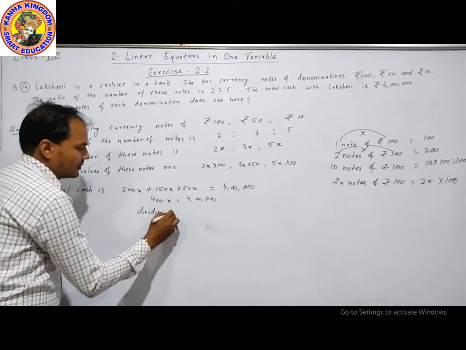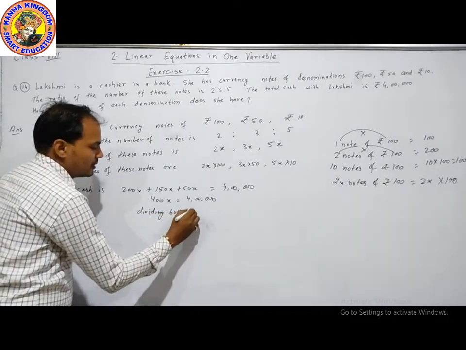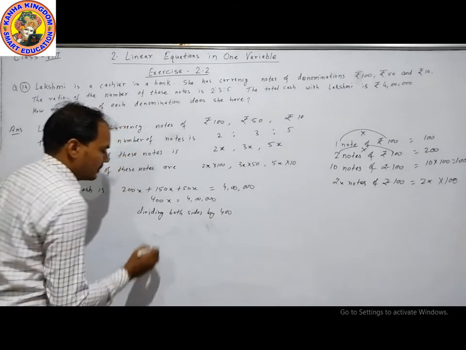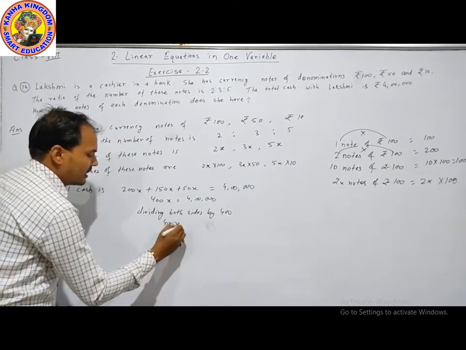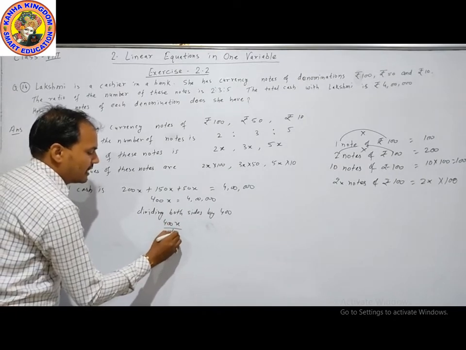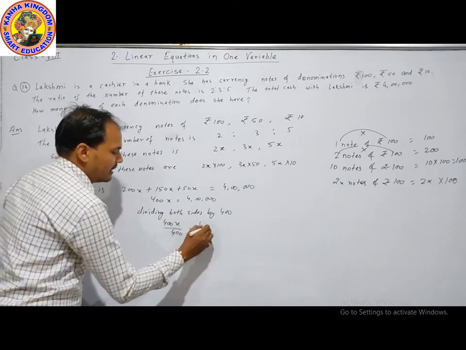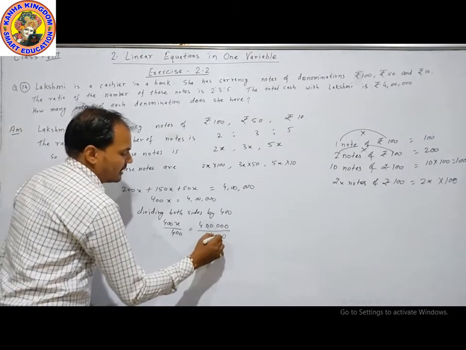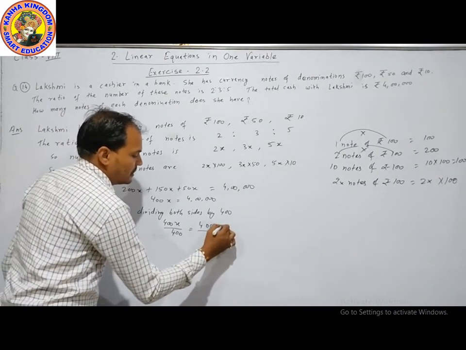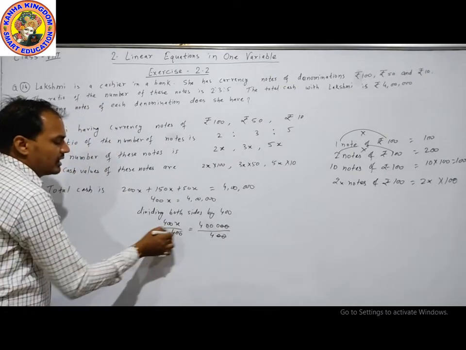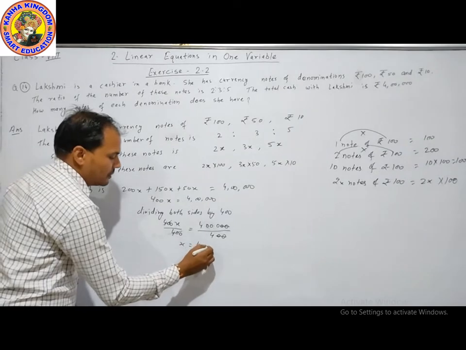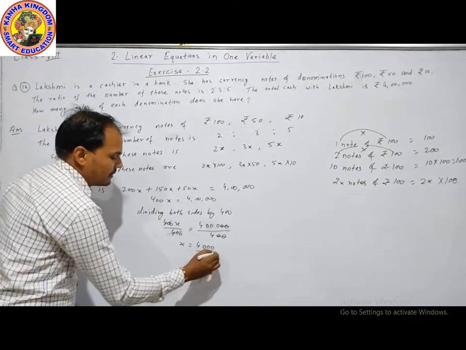Dividing both sides by 400, then 400x divided by 400 and 4 lakh divided by 400. Here 400 and 400 cancel. We can cut the zeros. x is equal to 4000 divided by 4.